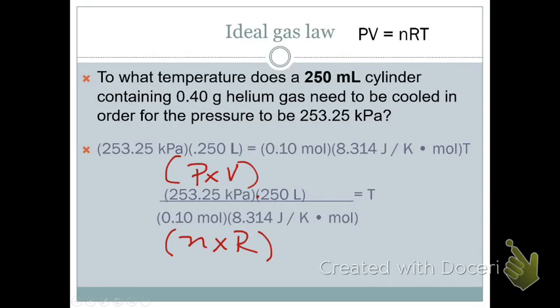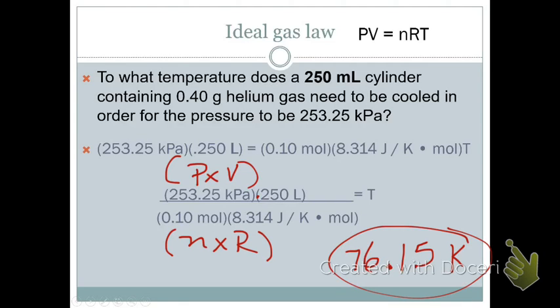So open parentheses, 253.25 times 0.25, close parentheses, divided by, open parentheses, 0.10 times 8.314, close parentheses. I am getting 76.15 K. Okay, that's what I get.